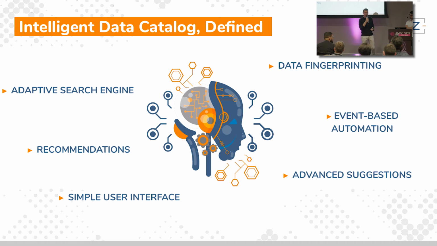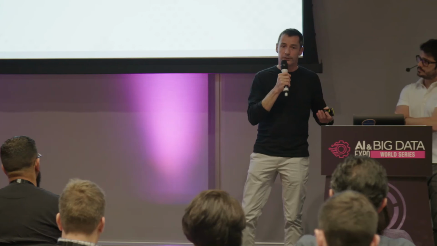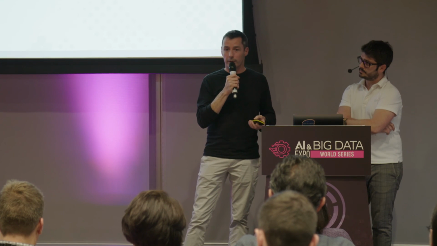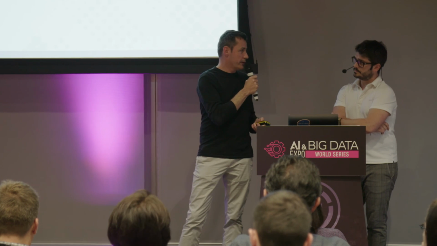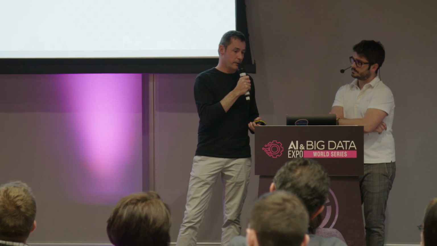So they can suggest what you are the most aware of or you most like. So this is more or less the same story. We are using the same kind of technology to try to improve the search results to fit the user profile, and of course recommendation and simple user interface to make it easy to use for the end users.